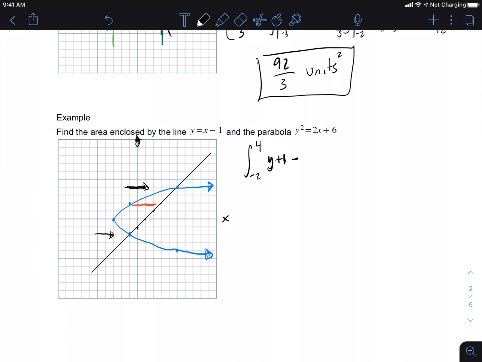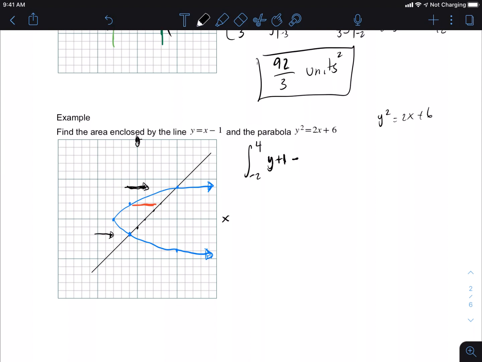Because it's the parabola, but would you write it like that, or would it be just the square root of 2x plus 6? Remember, we want our equation to be in terms of y. What you're doing right now is solving it for x's. You're putting everything in terms of x. Okay. Y squared is equal to 2x plus 1. How do I solve for x, my friends?